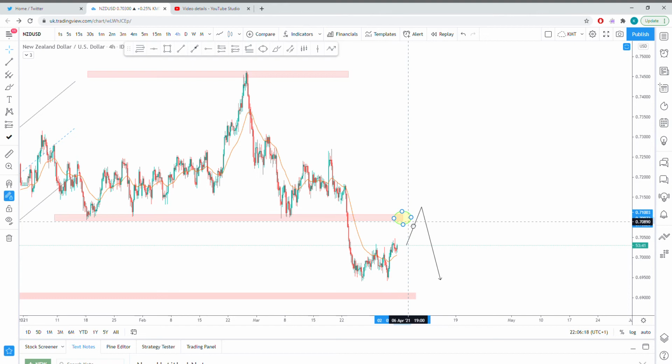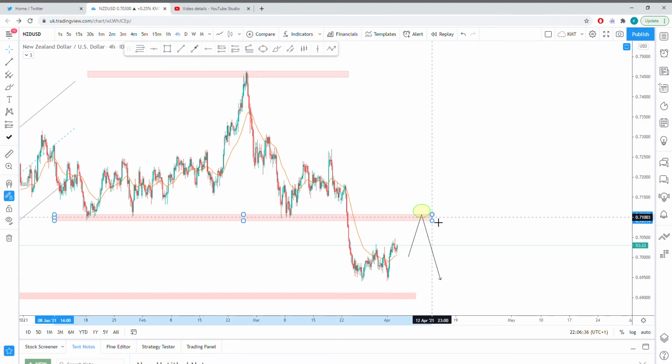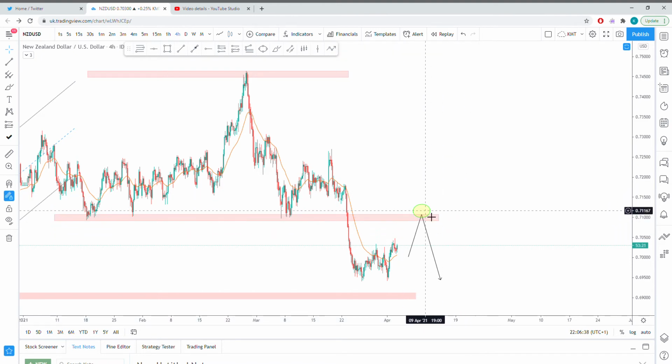What we could be looking out for is price to return into this area. Whether price starts to immediately push higher or we get a little retracement is up to the market. If you do want to trade the counter-trend move, pushing higher into this range, you could potentially target 0.71.